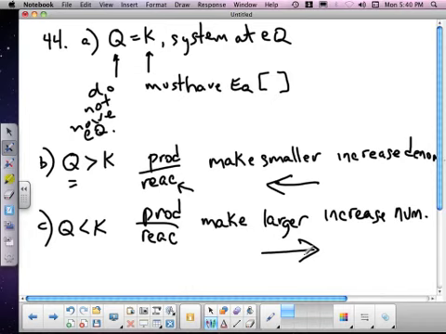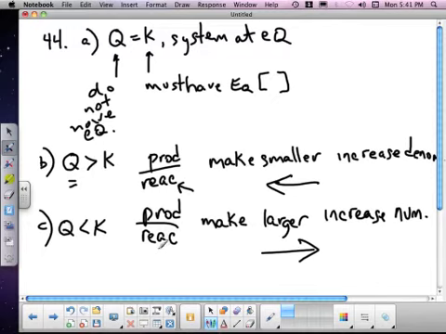And then, at the start of a certain reaction, only reactants are present, no products. So what is the value of Q at this point?